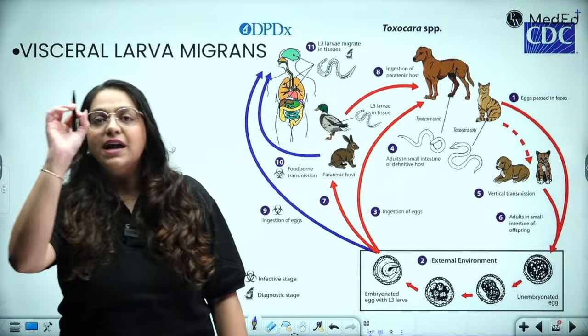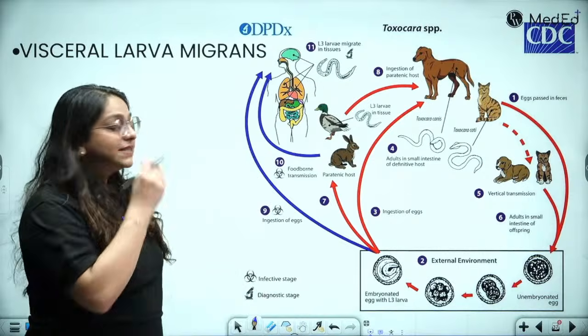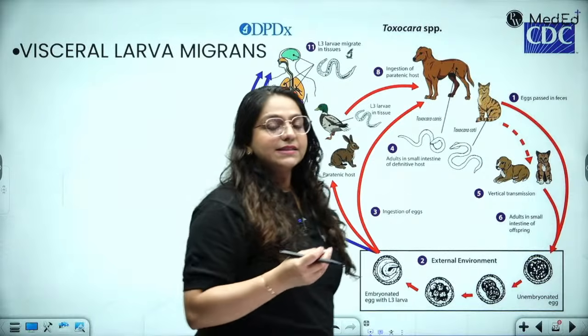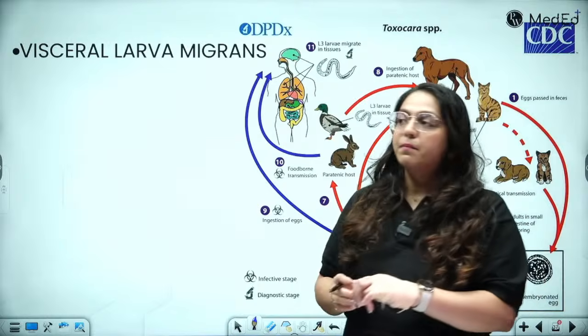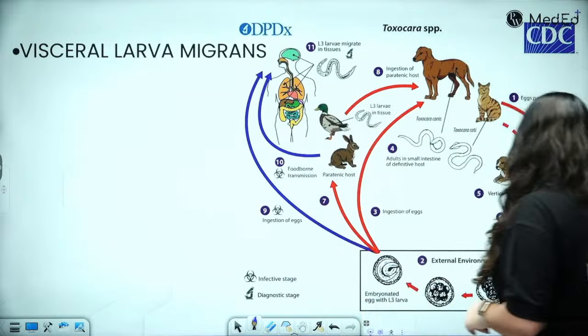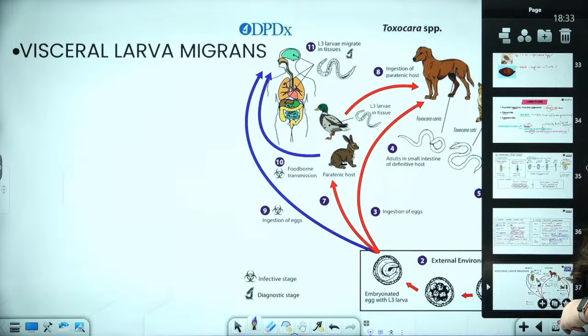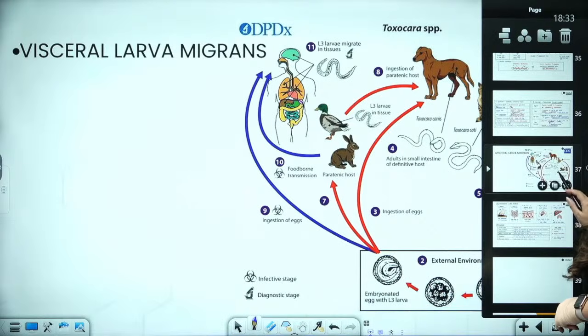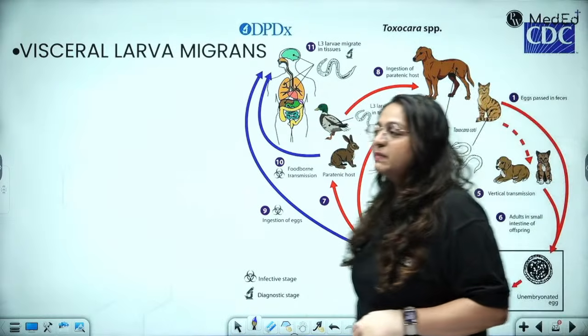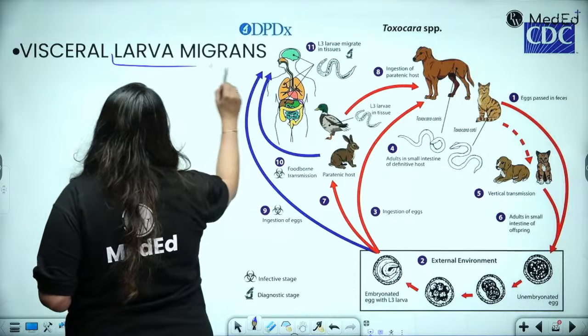The last guy is the nematode. It is visceral larva migrans. Everybody is always so confused about visceral larva migrans. What is the meaning of larva migrans?